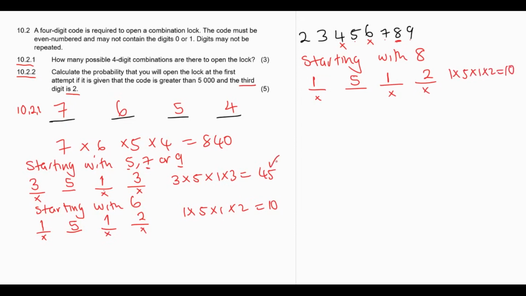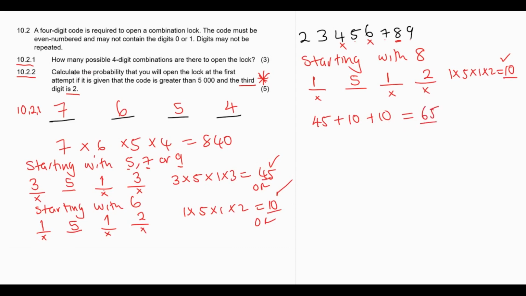So it's this situation or this situation or this situation. The number of possible 4-digit combinations with these restrictions will be 45 plus 10 plus 10. Remember, when it's or, we add. So we add this, and it becomes 65.